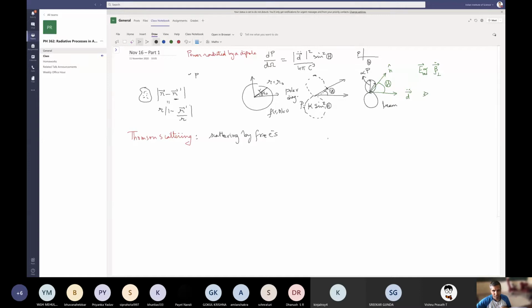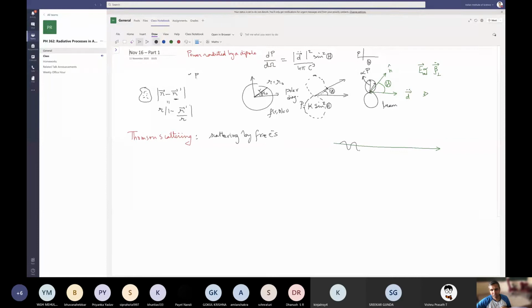Let me draw it. So you have some direction. You have linearly polarized radiation.